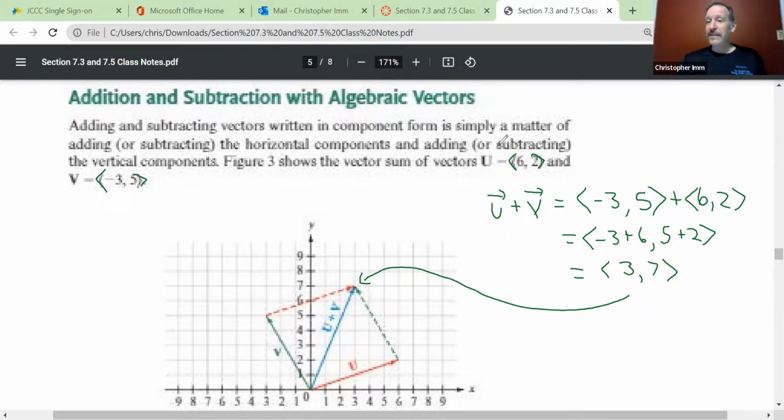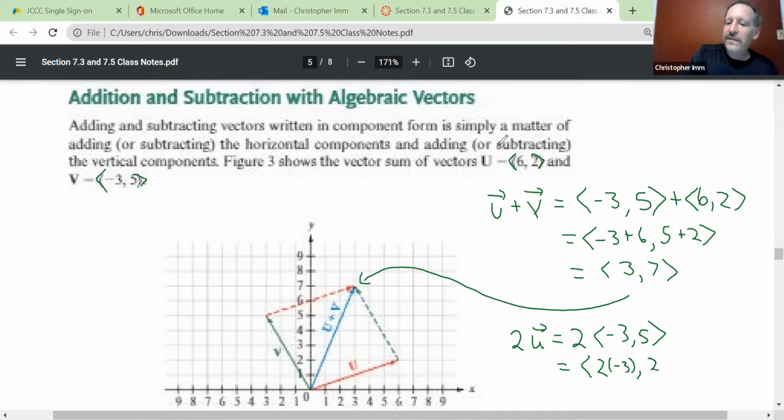Another thing we can do is scale these. Let's say that I wanted to take 2 times vector u. All I would do is take the scalar 2 and multiply it by each component. So 2 times the vector u would be 2 times -3, comma 2 times 5.